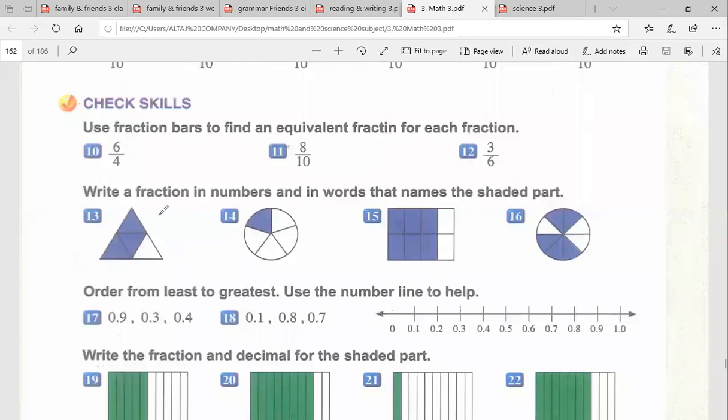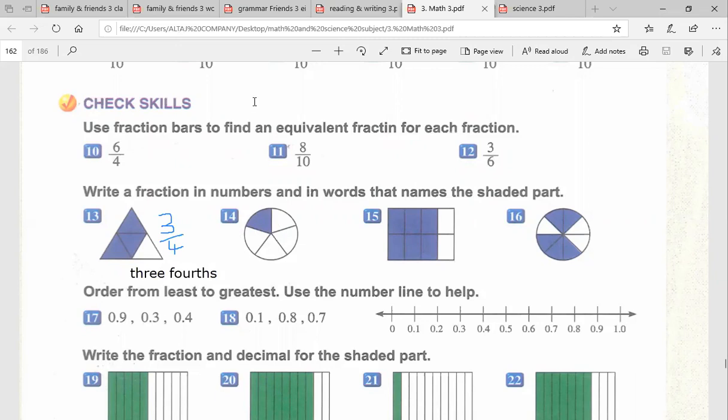So we count the ones that are shaded in color. So 3 over 4, and the word is 3/4, fourths.